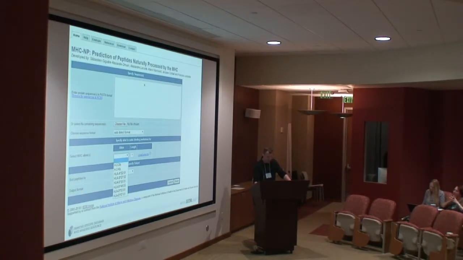It performed very well in a prediction contest, and there's a limited set of alleles available. Again, this is now predicting directly naturally processed ligands. One of the reasons we don't use it so much is the limited set of alleles available, and also in our own subsequent evaluations, the tool didn't perform as well as we had seen in the past. Unfortunately, they haven't been developing new versions of this.